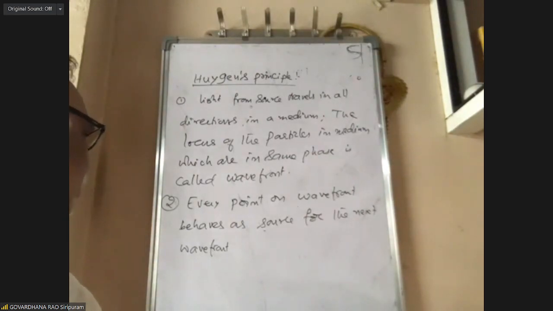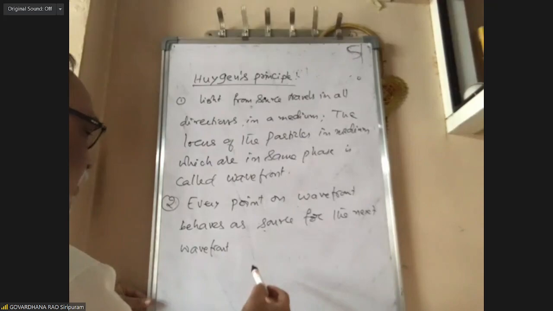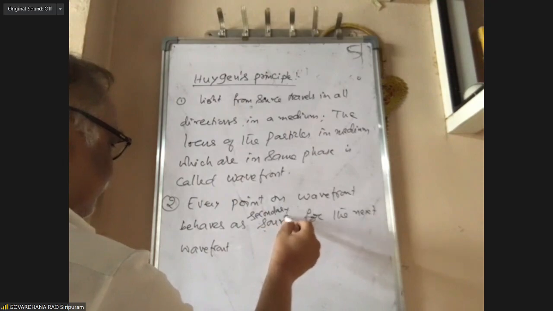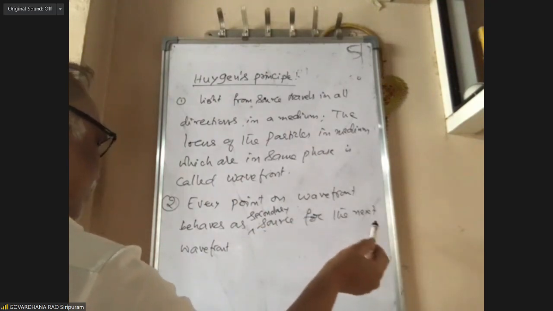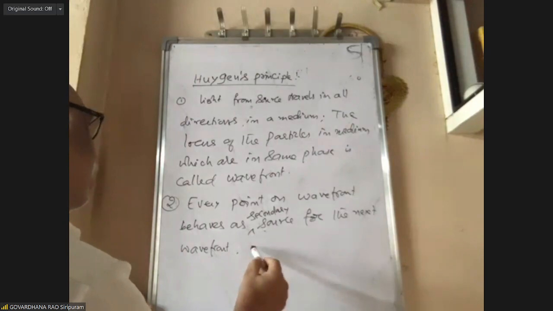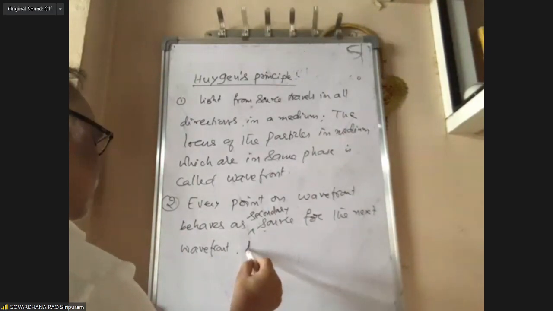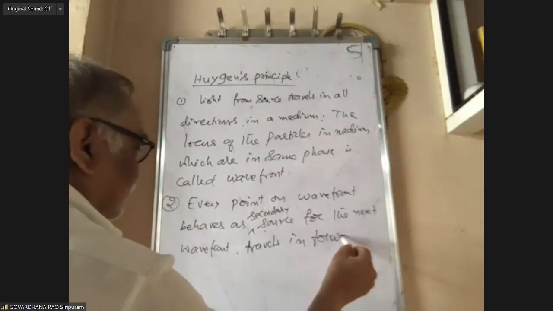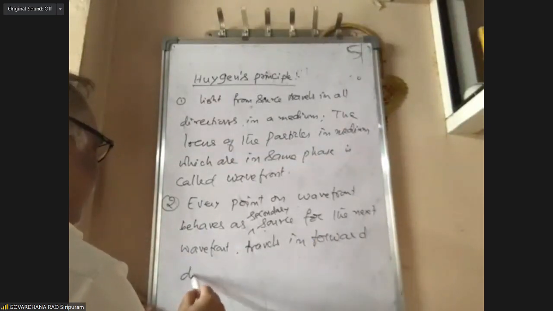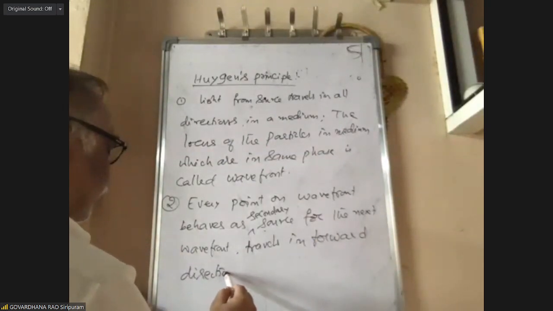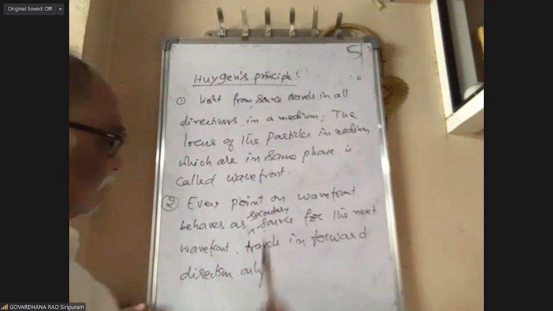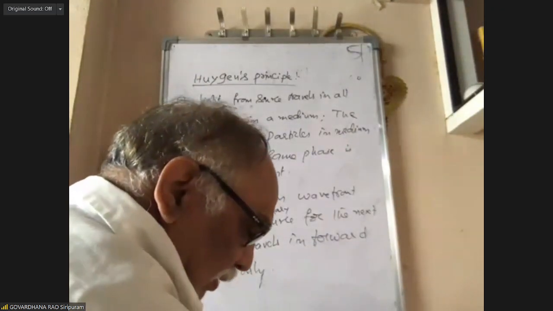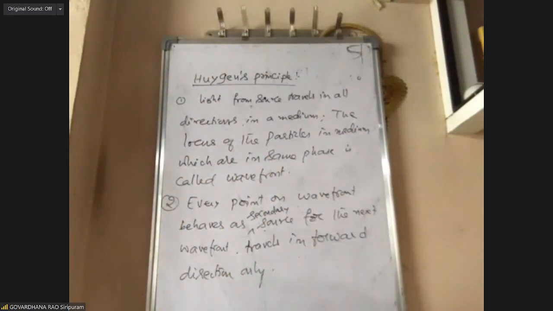Every point on a wavefront behaves as a secondary source for the next wavefront and travels in the forward direction only. This I'll explain. First you copy this, I'll explain now with the figure how it's coming.